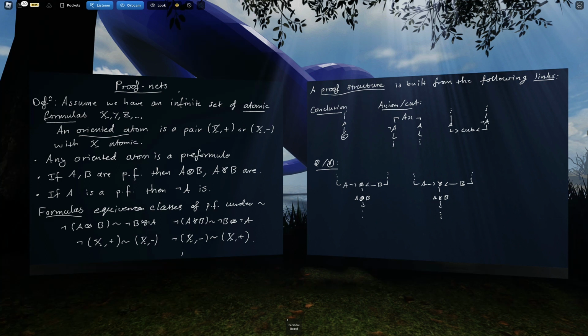Okay, so the nodes of our graph are the connectives, and then the edges are labeled by formulas.